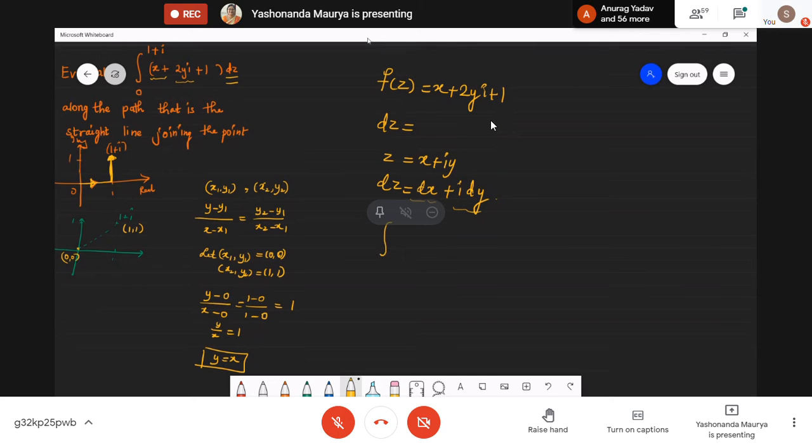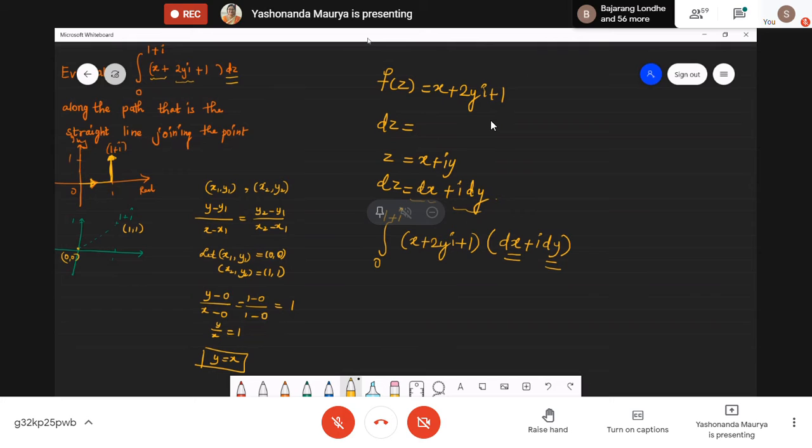See, what we have got is, from 0 to 1 plus i, the function x plus 2yi plus 1 into dx plus i times dy. Okay, and so now see this, we are having 2 variables, dx and dy.